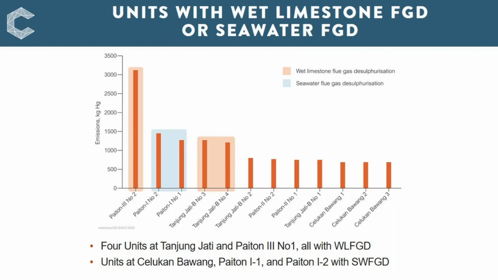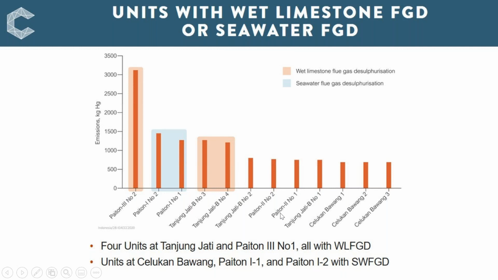Moving on to the last set of data for our existing fleet, we looked at the units with flue gas desulfurization. That is the technology to control sulfur emissions. Some of them are seawater, meaning that they use the water from the local estuary, the local sea, the bay, and some are wet limestone flue gas desulfurization, which use more closed loops of water for scrubbing out the sulfur.